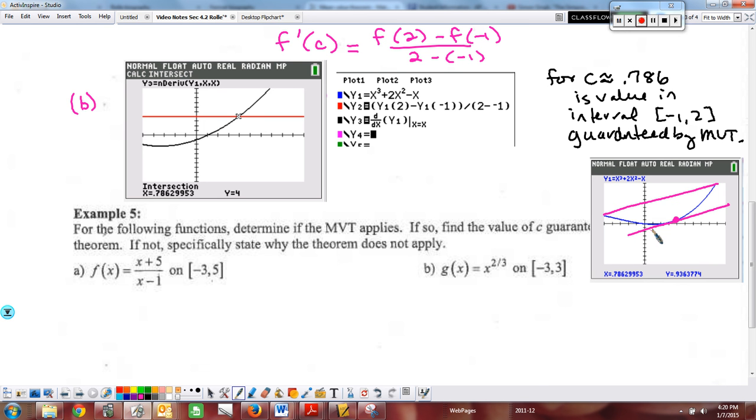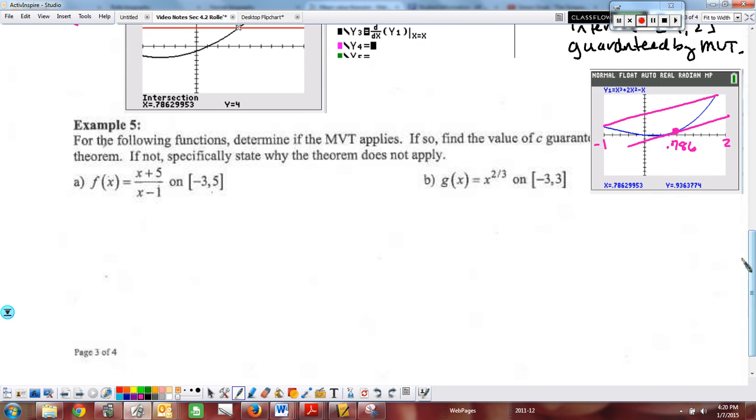And that happens at a value of 0.786. And that's the value that we're looking at right here. Because remember, this is -1 to 2 in my interval. Right? So that's the MVT, and that's also a good summary of using the calculator.